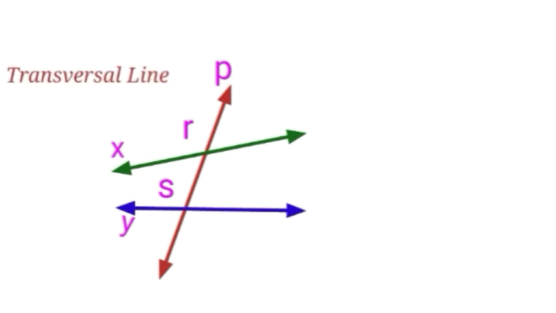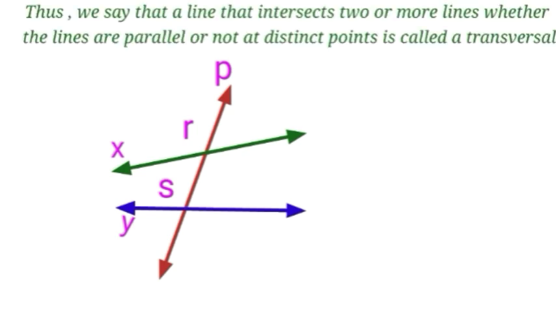Yes, as the line P intersects the lines x and y at two distinct points R and S, it is not important whether the lines are parallel or non-parallel. Thus, we say that a line that intersects two or more lines, whether the lines are parallel or not, at distinct points is called a transversal.